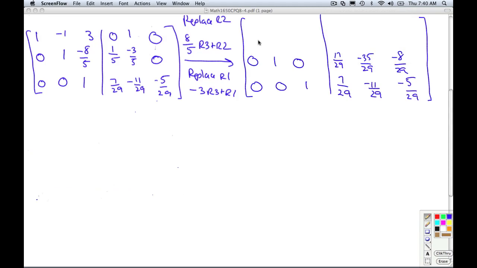Okay, so to get the new row 1, I'm multiplying each of these guys by negative 3 and then adding them back into row 1. You take negative 3 times 0, add that to 1, you get 1.